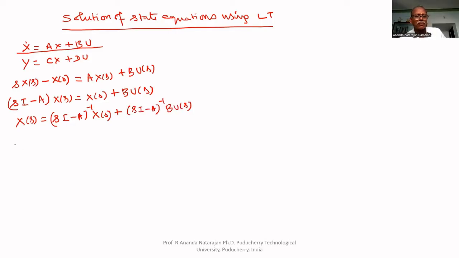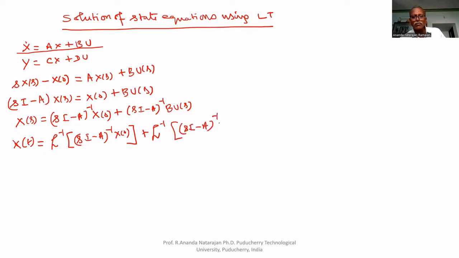If you take the Laplace inverse on both sides, you will get the state variable x(t) equal to Laplace inverse of (sI minus A) inverse X(0) plus Laplace inverse of (sI minus A) inverse BU(s).